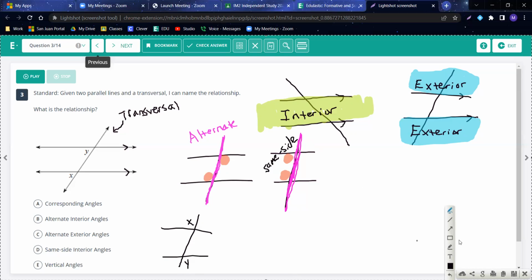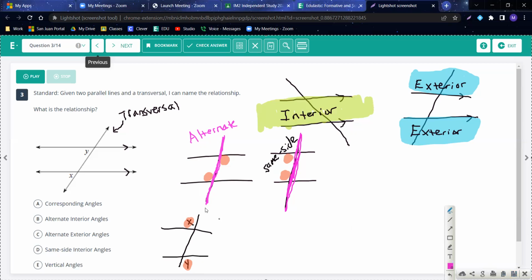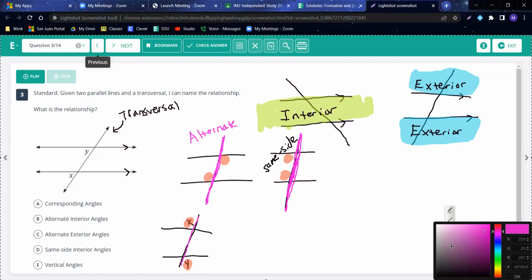So if I look at it, they are on alternate sides. This one's on one side, this one's on the other side of the transversal. And they're exterior because they're on the outside.